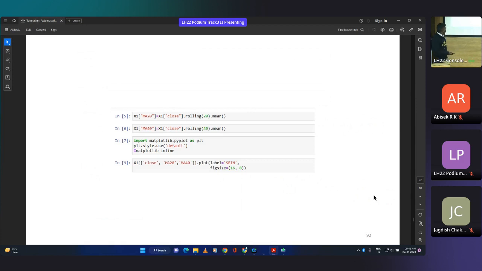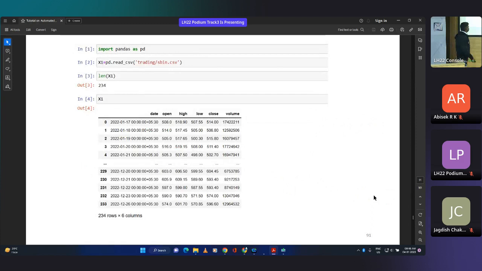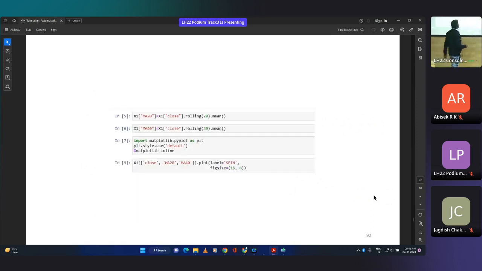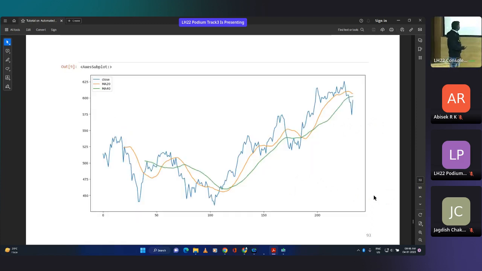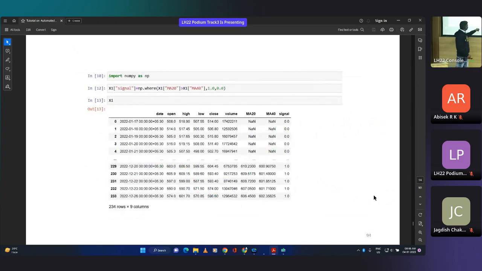There is a column for the closing price, which is the daily closing price. Then I created columns for the moving average of 20 and the moving average of 40. To know whether they are crossing or not, if the smaller moving average is greater than the larger moving average, I write 1, otherwise 0.